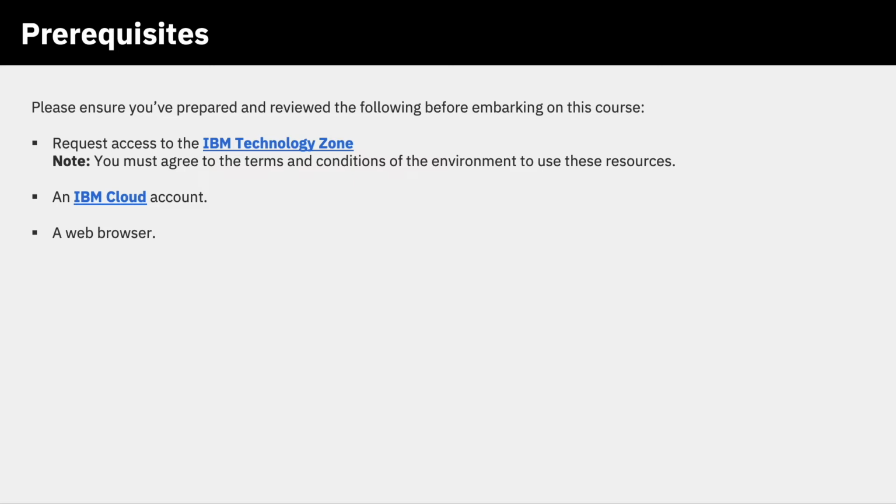You'll also want access to an IBM Cloud account, so go to cloud.ibm.com and sign up there. That is the same account that you'd likely be using to log into both IBM Tech Zone and IBM Cloud. You also need a web browser and a terminal if you're on Mac, or something like PuTTY or some equivalent of an SSH console on a Windows machine.